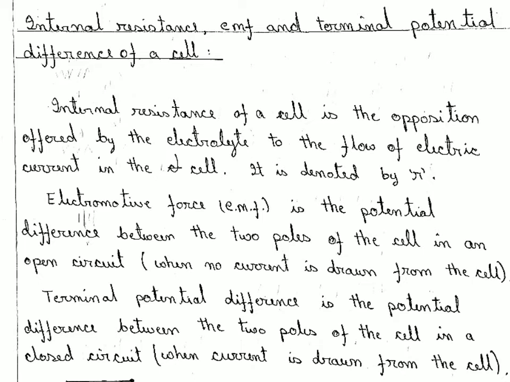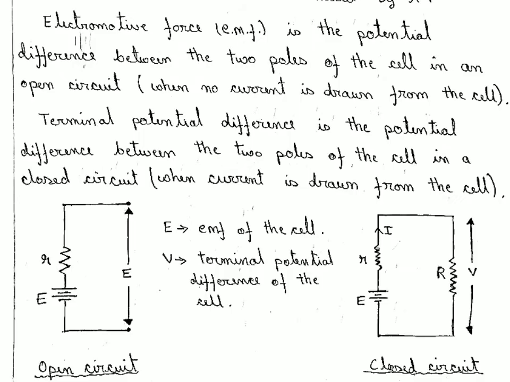The work done per unit charge by the cell to drive these charges from one end of the cell to the other end of the cell is represented by the electromotive force, or in abbreviation EMF, of the cell. Now the EMF of a cell is defined as the potential difference between the two poles of the cell in an open circuit. That is, when no current is drawn from the cell.